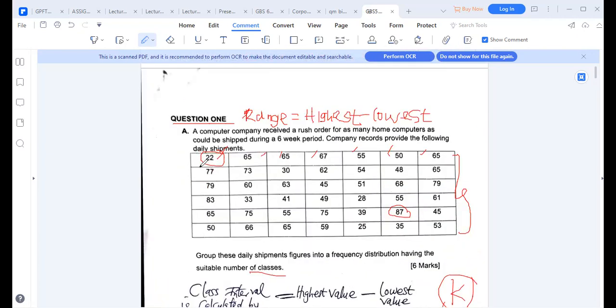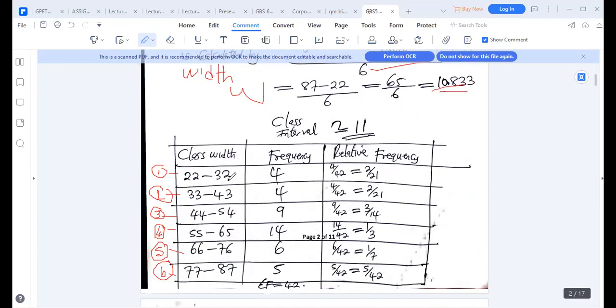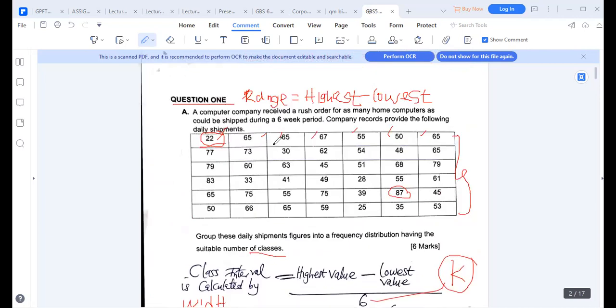Okay, so just for the first one, 22 is number 1 up to 32. So you have 1 there. Then the other one up to 32. So meaning there is that one there, which is 2. Then we have another one, which is a 3. So there's the other one that we need to go for.